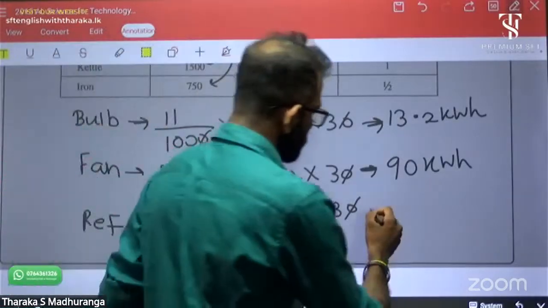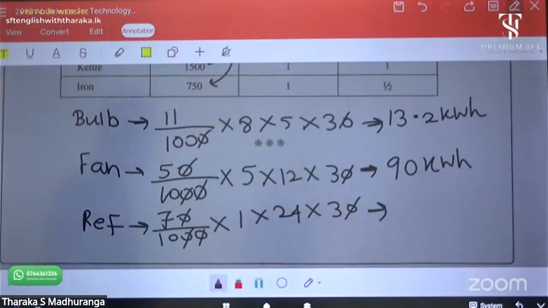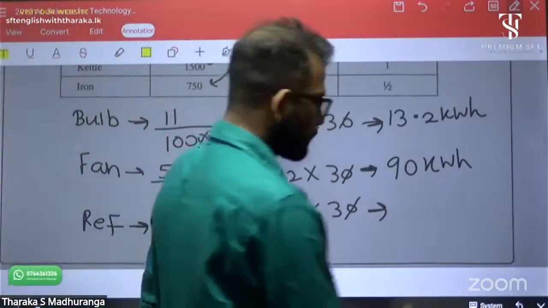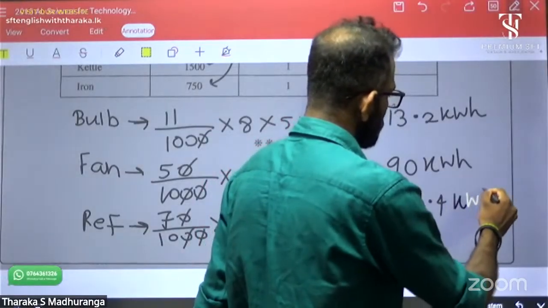I need help with this one, because 24 into 1 is 24. 50.4. Is it for the refrigerator, Samia? Yes, 50.4 kWh.